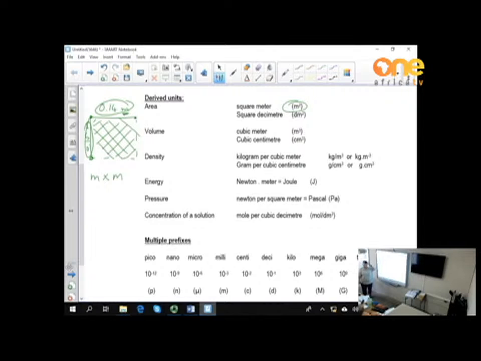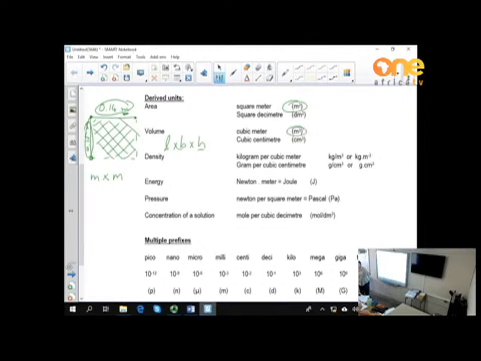Then volume. When we want to work out the volume of an object, we need 3 measurements: a length times a breadth times a height, or a surface area times a length. Okay? Once again, we have 3 measurements. It's a meter times a meter times a meter, and that will give me cubic meters.